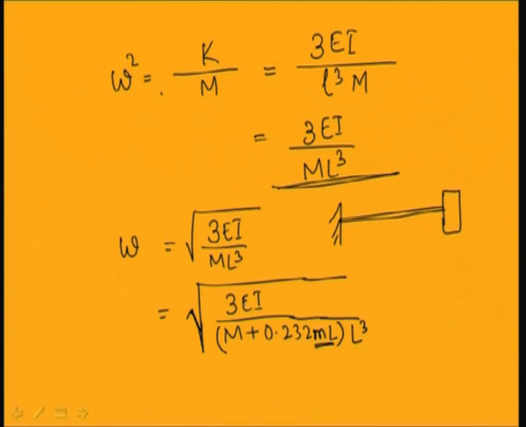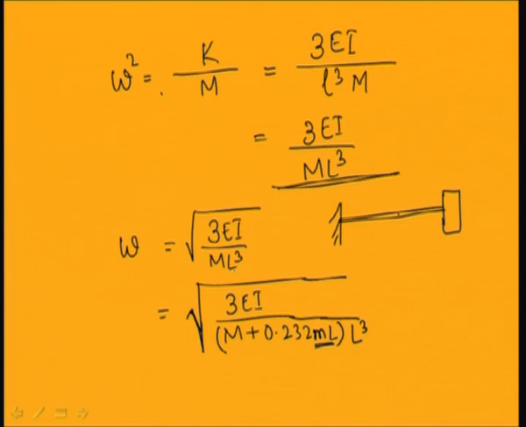The frequency of this cantilever beam with end mass becomes root over 3EI by (m plus 0.232 ml) L cube when we take the mass of the beam into account, and this is equal to root over 3EI by m L cube when the mass of the beam is not considered.